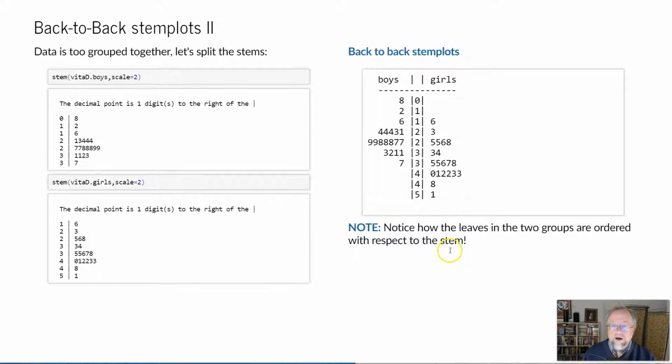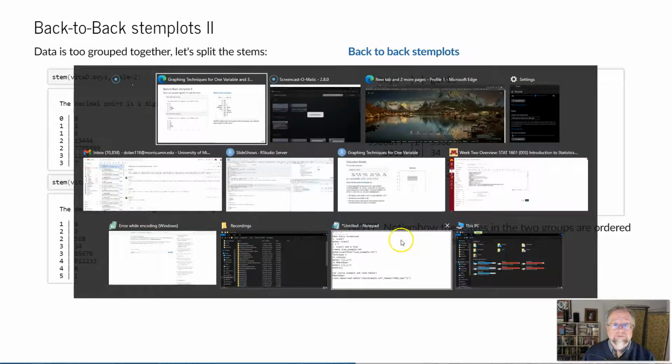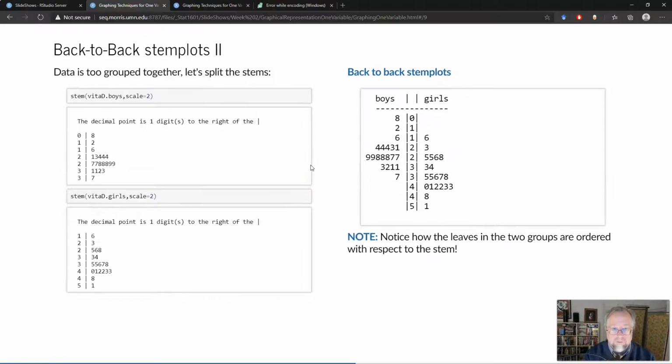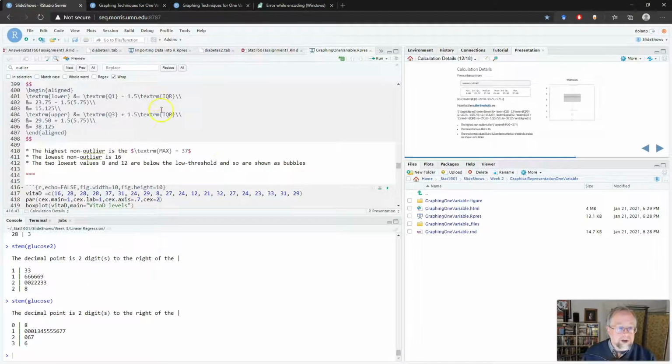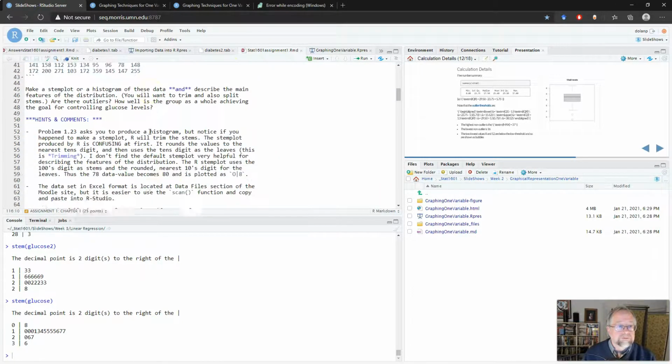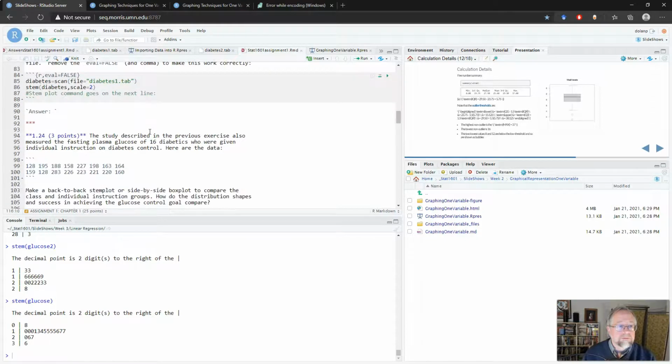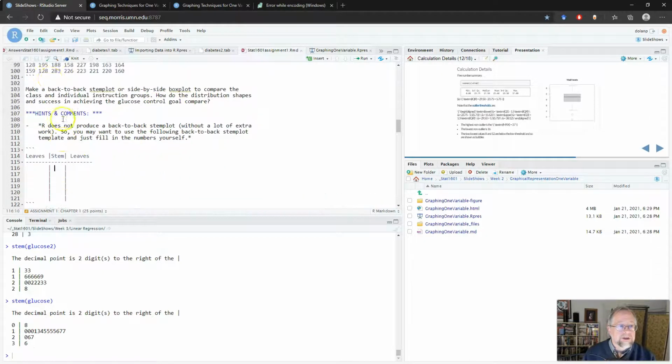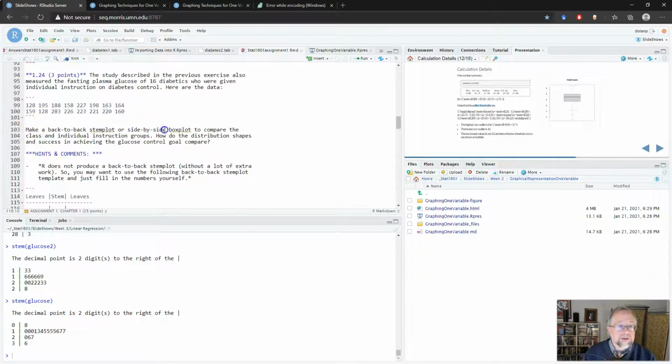Now when you're working on your assignment, let me switch over to that, you have to make a back-to-back stem plot. So if I were over in assignment 1, scrolling down, let's see, here's some fasting plasma glucose levels, and I'm supposed to make a back-to-back stem plot, or side by side, comparing the class and individual instruction groups.